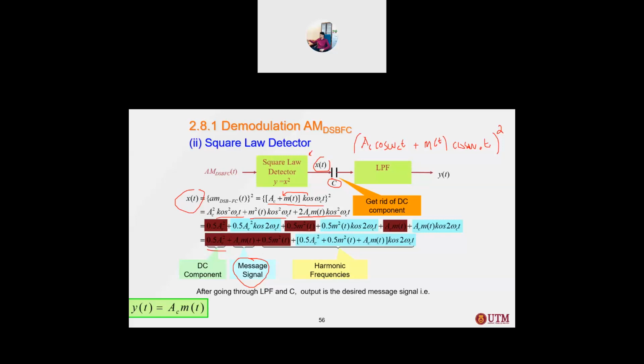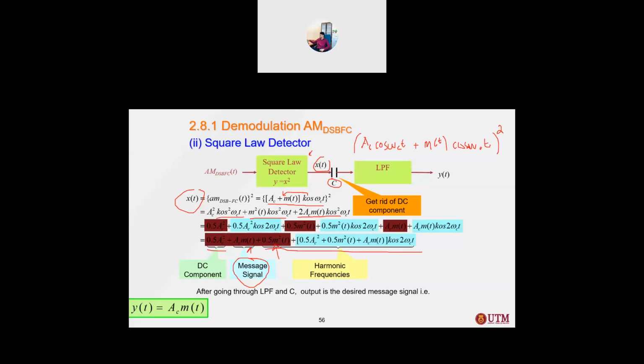So then you have this is ACMT as your message. Then the rest is harmonics. How do you know it is harmonic? For example, this one is m square. For example, if it's 300 hertz for the information signal here, then here will be 300 square.